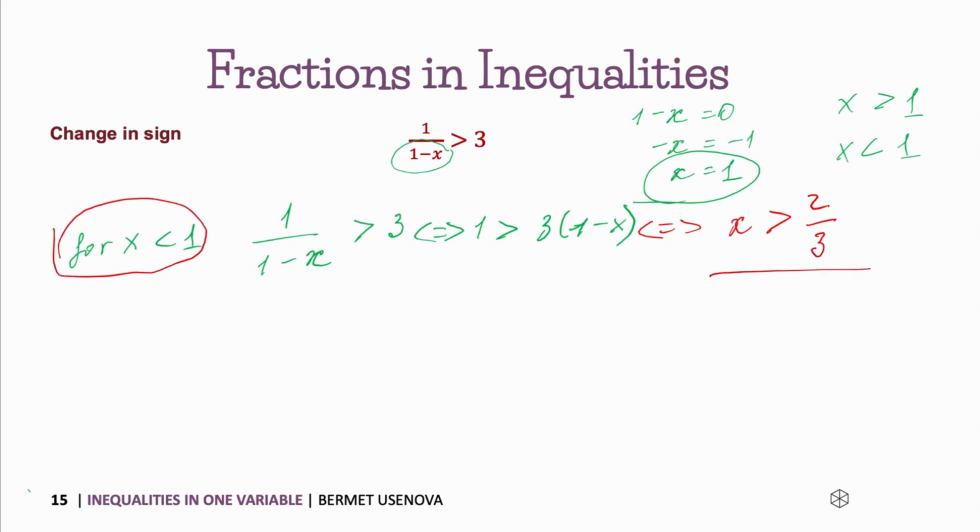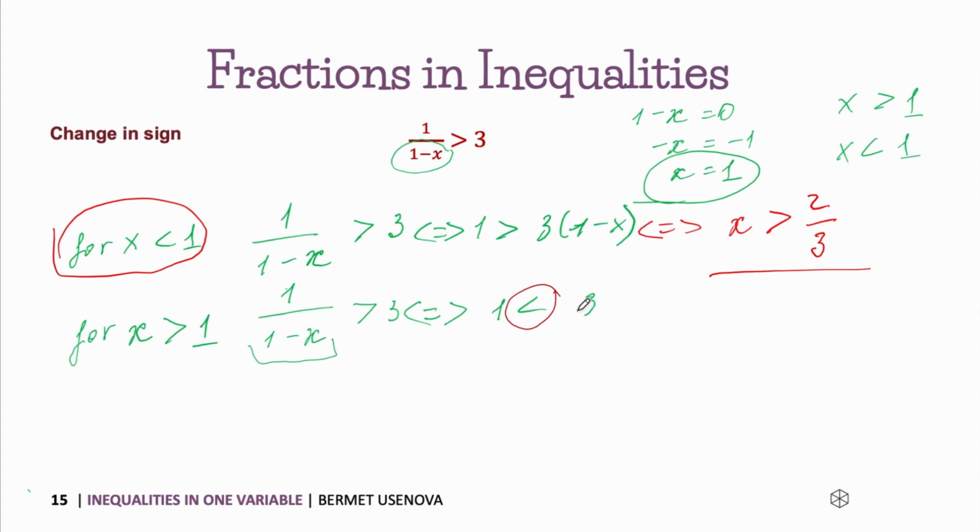If we take the second situation, for x larger than 1, if we look at the denominator, for everything that is larger than 1 we will get a negative number. And when we multiply by a negative term, we change the sign, because again, for every x that's larger than 1, our denominator will be negative. If we multiply both sides by a negative term, then we change the sign.